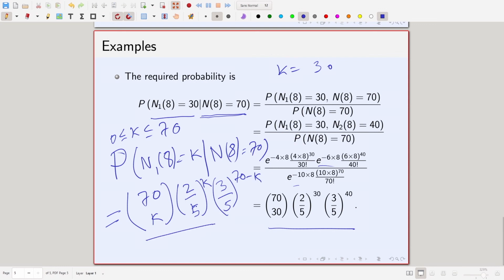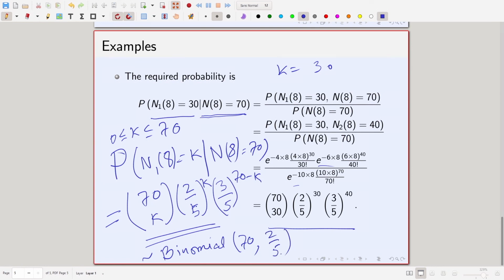Now you can easily recognize this formula. This is precisely the PMF of binomial. So given that N8 equal to 70, the probability that N18 will be equal to k has the same distribution as binomial 70 with success probability 2 by 5.